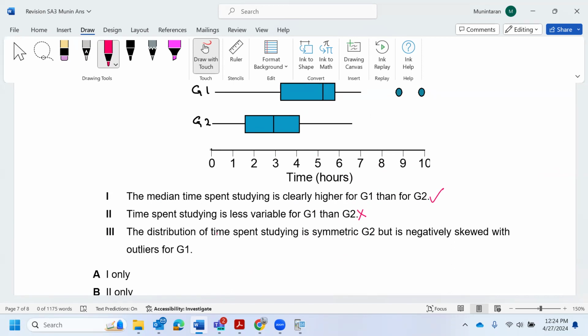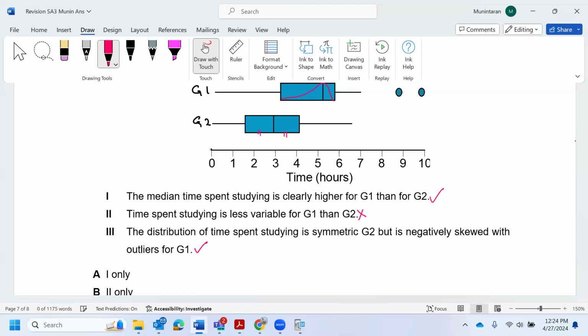The distribution of time spent is symmetric in G2 but negatively skewed in G1. G1 has the longer tail, so it's going to be negatively skewed. G2 just looks kind of the same, so you can accept that.